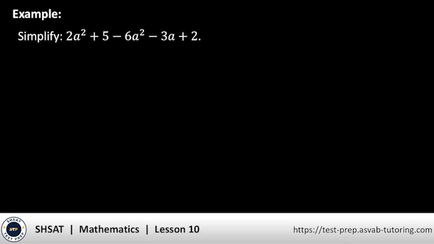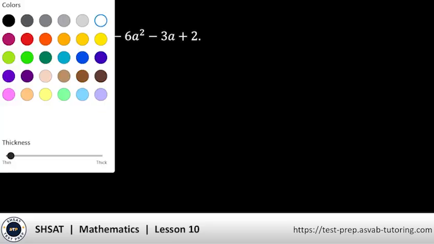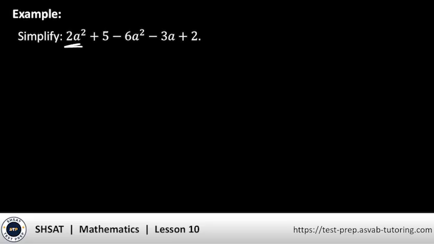As we can see, we have an expression here. One of these expressions has only 3a, and the other has a squared. So this has 2a squared and 1a. Whenever you have two expressions with the same variables, only then can you add and subtract them.